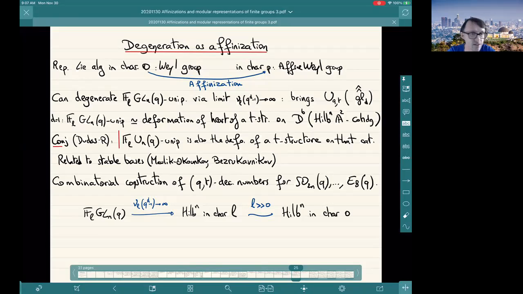But you can combinatorially construct something. Macdonald polynomials are easy to characterize. What's hard is to prove their existence. So you can use one of the combinatorial characterizations of Macdonald polynomials, and you can make sense of that for other types.